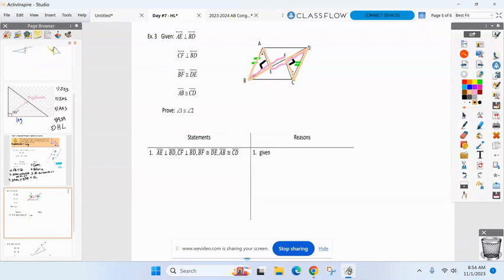So I got to get those 2 congruent. Why those 2? The triangles that contain 1 and 2 are those triangles. So if those triangles are congruent, 1 and 2 are congruent by CPCTC because they're corresponding parts. Everyone see the plan? Get those 2 congruent to say CPCTC.